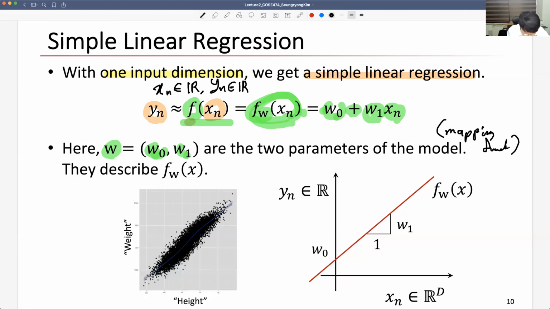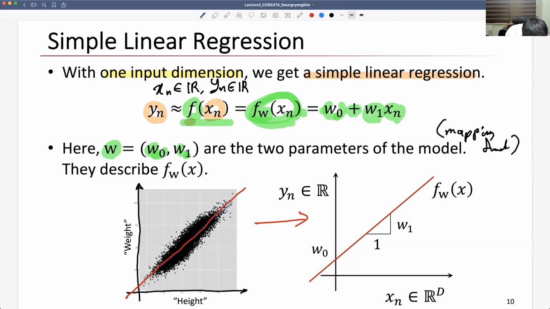Okay, so let's go back to our previous example. The x-axis means the height, the y-axis means the width, right? And we want to find this straight line that represents the training distribution. So we can represent this straight line with this equation, right?